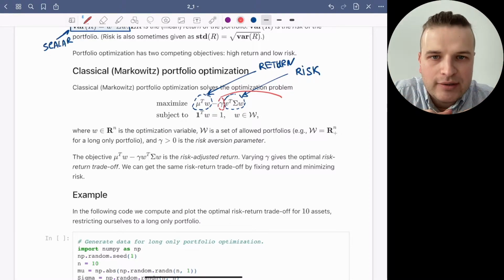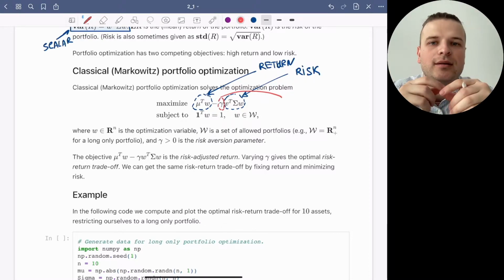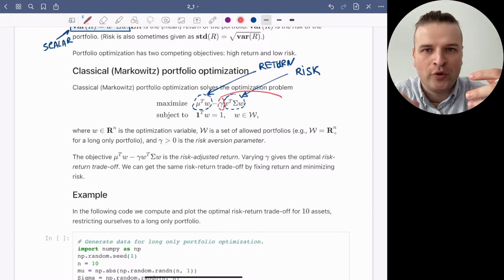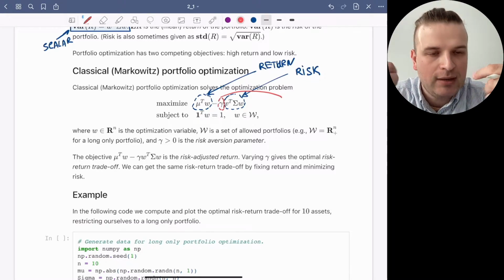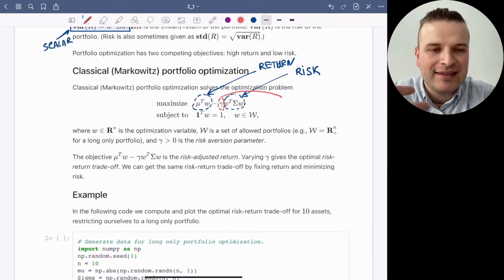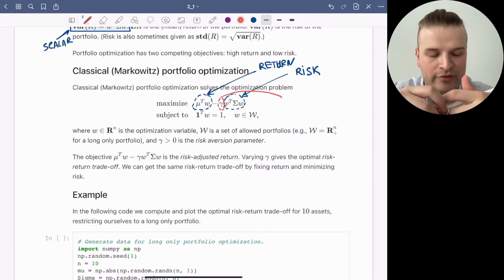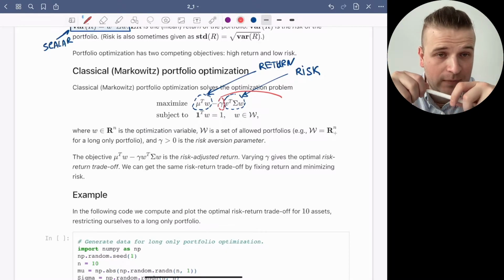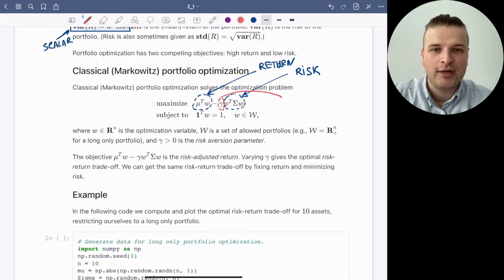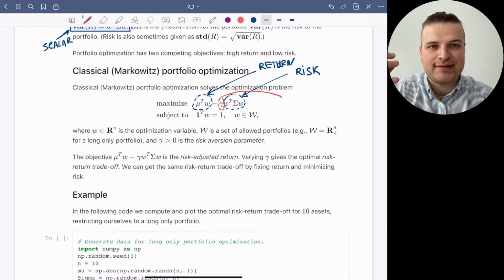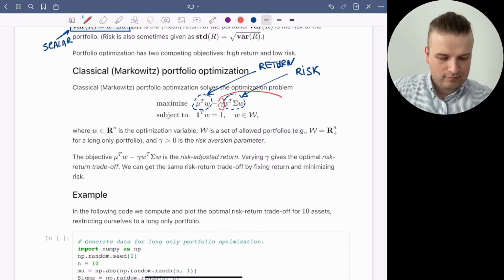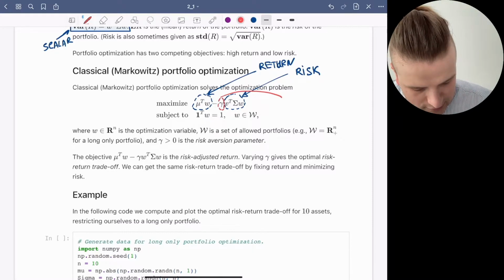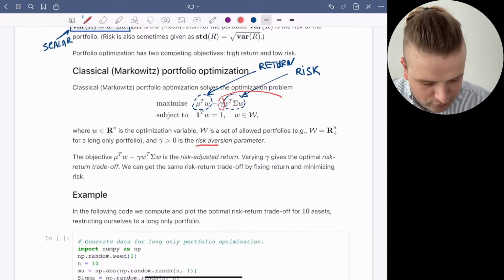The lower the gamma, the more you are focused on increasing your return. But high return typically coincides with high risk. You cannot give both simultaneously, high risk and low return, right? That's reasonable. So this is a risk aversion parameter here.